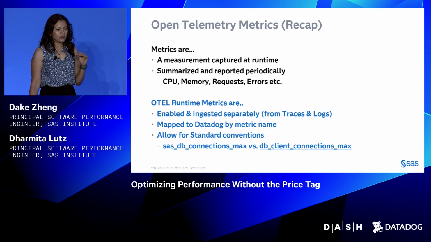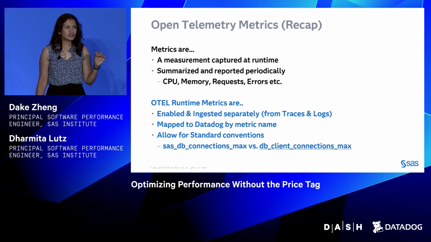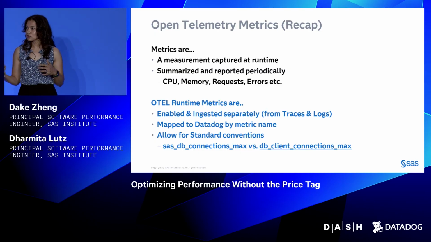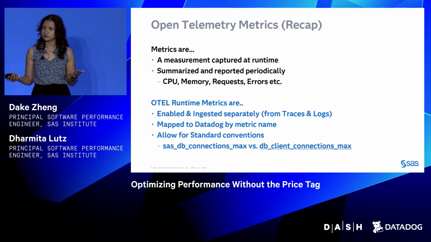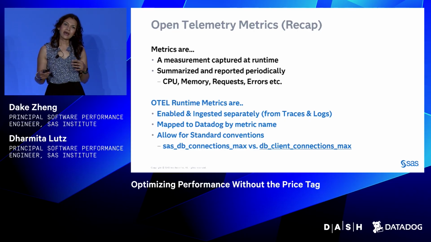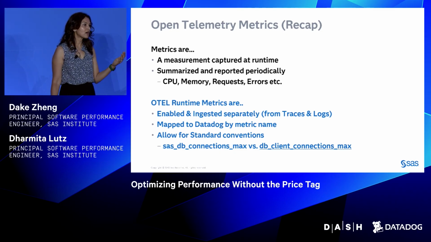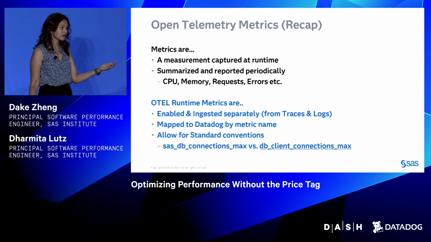The other thing to note is that OpenTelemetry metrics are mapped to Datadog. And the reason I mention this is because early in our process, we ran into an issue. The issue was that OTel was sending metrics with a prefix of jvm.*. Datadog was expecting process.runtime.jvm.*.